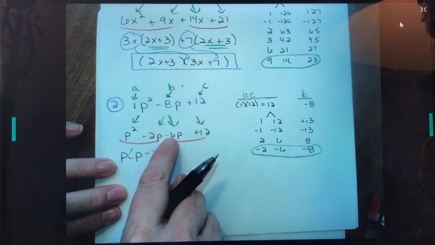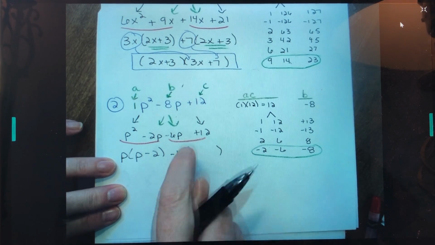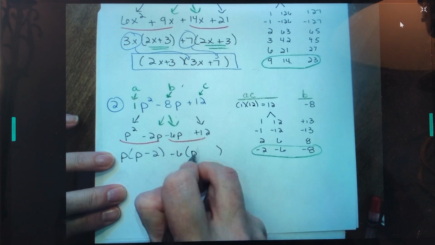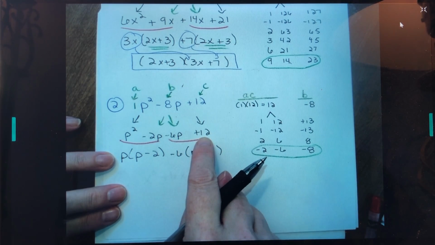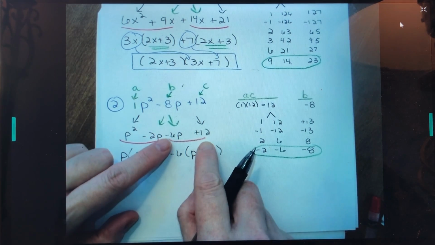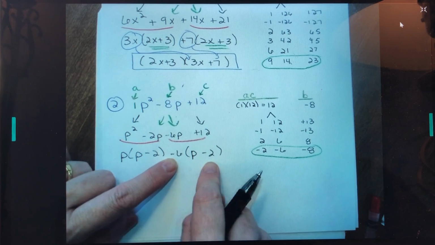And in fact, because this is negative, I need to pull out a negative 6. And then if I write what's left behind, if I divide this by negative 6, I'm left with a positive p. If I divide 12 by negative 6, I get negative 2. So just be really careful about that. Whenever you pull out a negative GCF, just be cautious with your signs that you do that correctly.